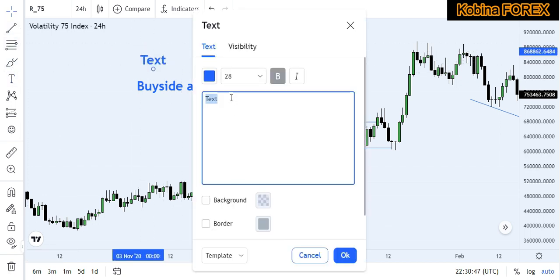Price accumulates, price manipulates, and then price redistributes. Okay, so that is what price does.